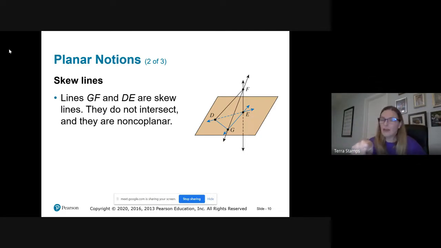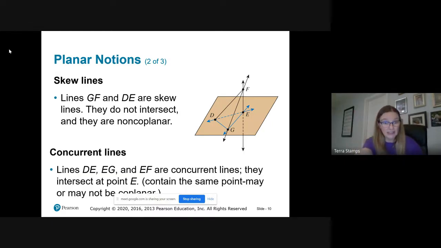That's important because you usually think, oh, well, if lines don't intersect, they're parallel. No. Parallel lines are in the same plane. Skew lines are not in the same plane. Okay, so GF is doing this business and DE is doing this business, and they are not in the same plane.